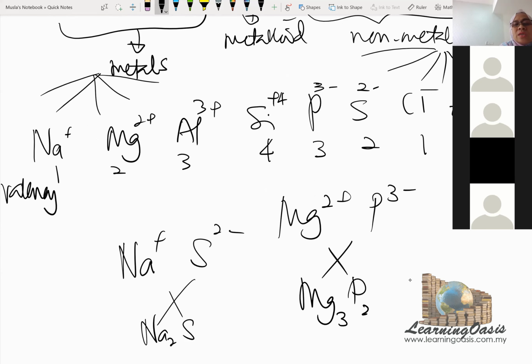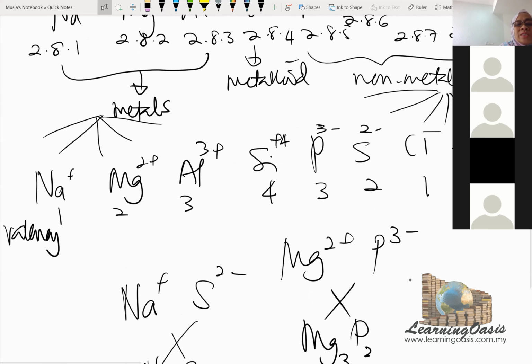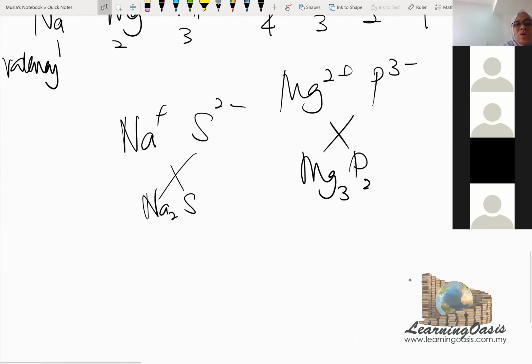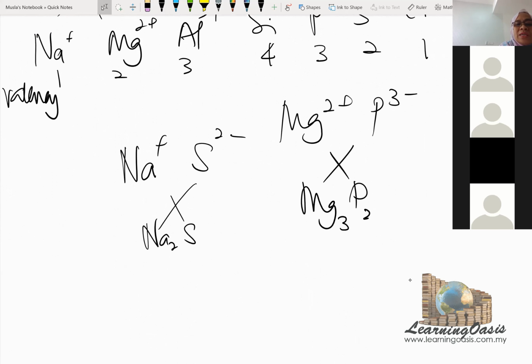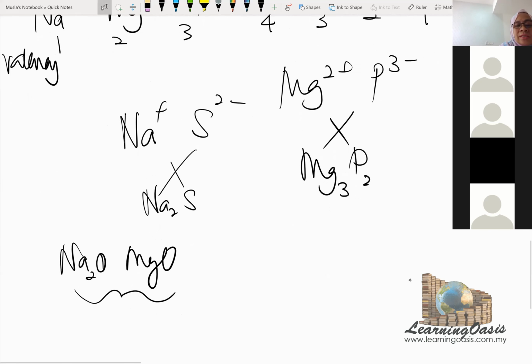Another one is in terms of oxides. Sodium oxide and magnesium oxide are basic, acidic, or neutral? These are basic. What does it mean it's a base?